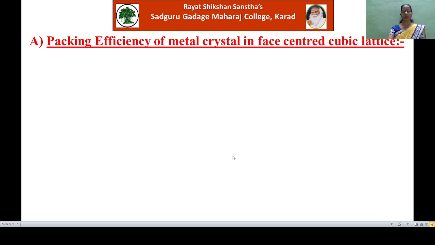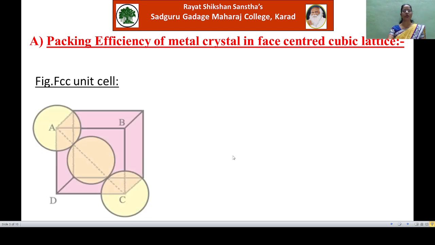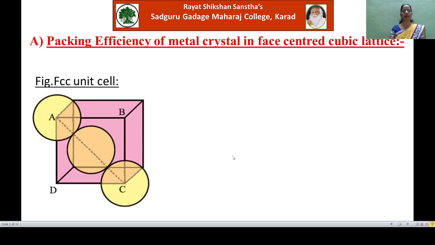Here I am showing you the front view of this face-centered cubic lattice. The middle particle is the particle which is present at the center of the face ABCD, while the particles shown by their centers as A and C are the corner particles of this face.